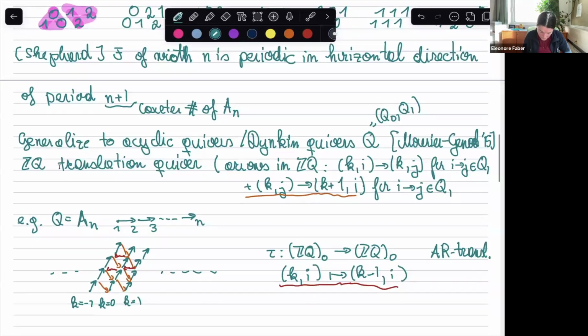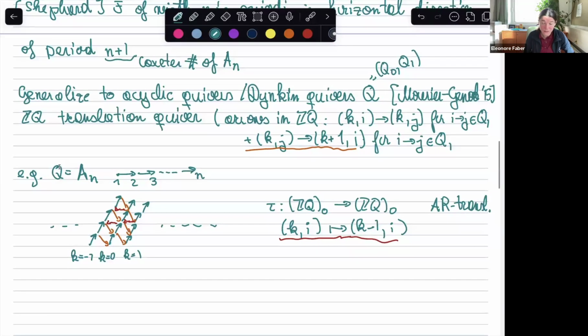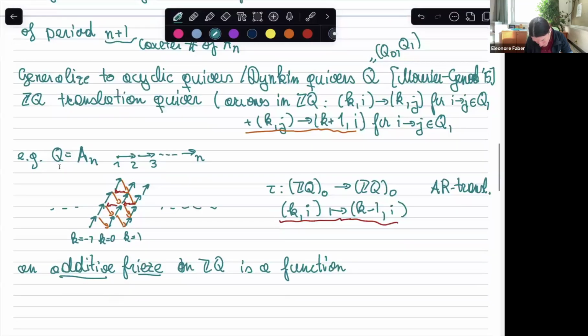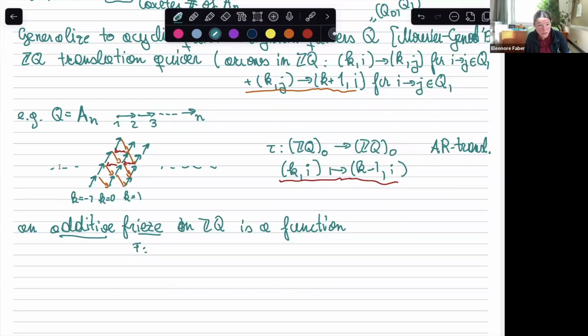And then, well, what is an additive frieze? This is basically an additive function. So an additive frieze on Q is a function f that goes from the vertices of the quiver to your ring.